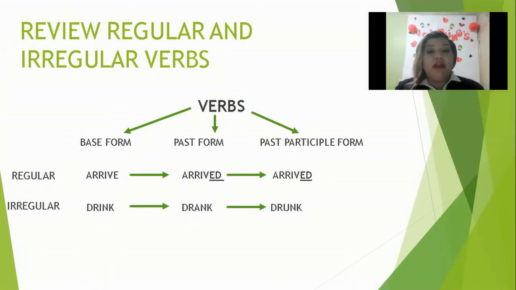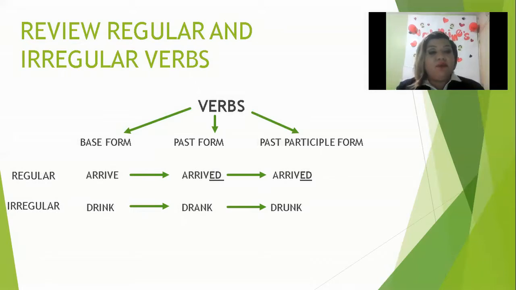Review of regular and irregular verbs. The verbs change verb tense, and we have 3 base forms. We have base form, past form, and past participle form. The base forms are divided in 2 groups.